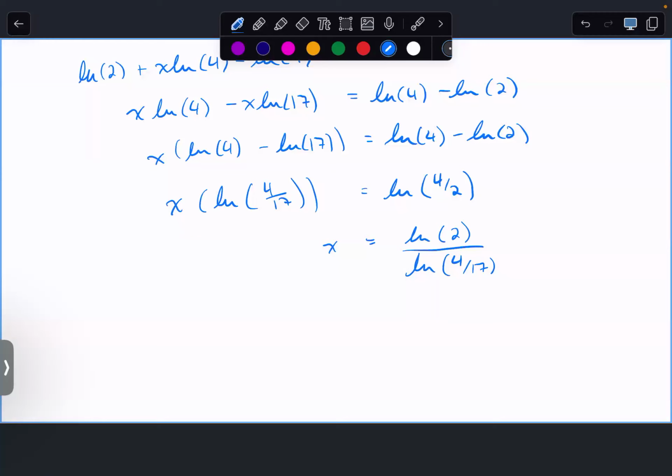Can you simplify this? No, we can't simplify. There's no way to simplify division. Division inside the log becomes subtraction, but division of the logs, you can't do anything. So then we're done.